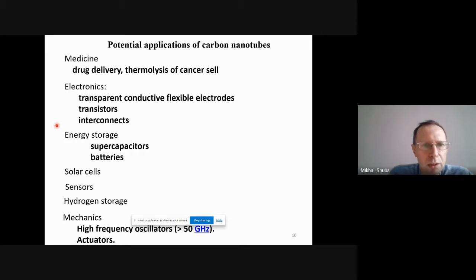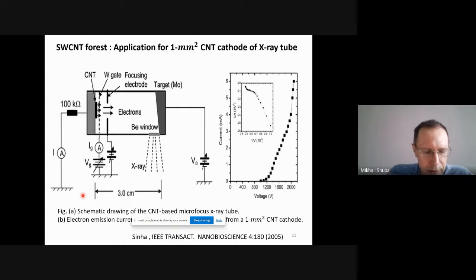For energy storage, for example in supercapacitors and batteries, carbon nanotubes are usually used as electrodes. They can be used in solar cells, sensors, for hydrogen storage, and in mechanics as high-frequency oscillators and actuators. Carbon nanotube forests can be used as a field emission cathode.